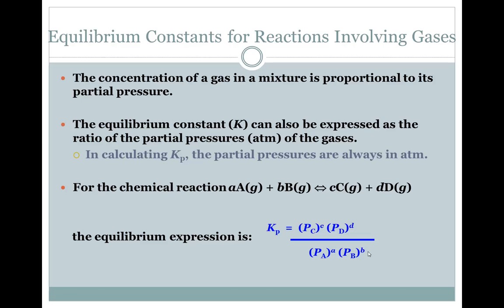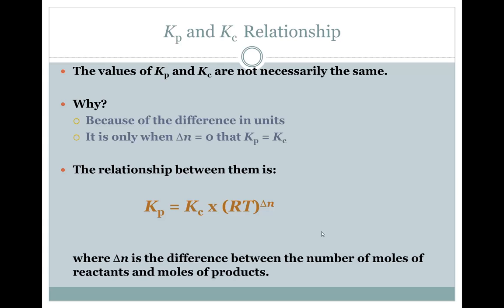For the chemical reaction A plus B yields C plus D, where they're all gases, the equilibrium expression becomes P of C, P of D over P of A, P of B. The value of Kp and Kc are not necessarily the same because of the difference in the units. It is only when delta n is equal to 0 that Kp is equal to Kc.